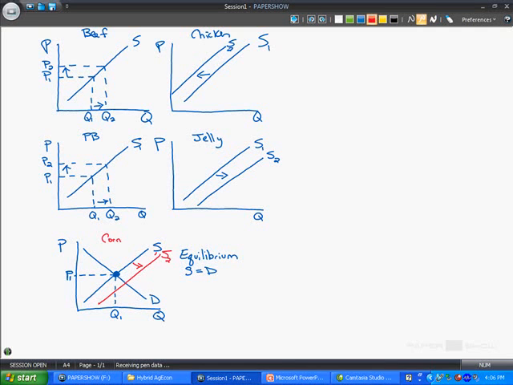Where my red supply curve, or S2, crosses my demand curve is my new equilibrium point. And that gives me a new price and a new quantity. And we can see that if supply increases, we'll have a decrease in price and an increase in quantity.